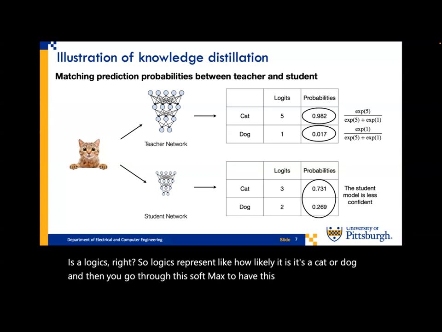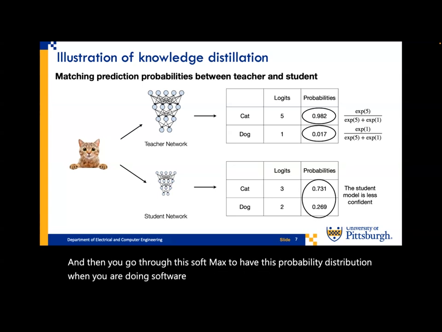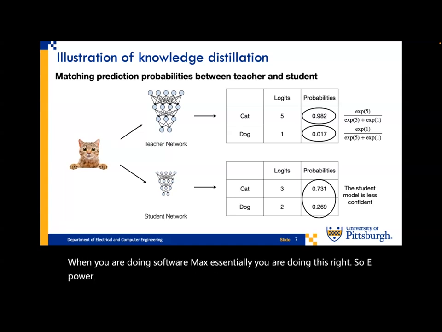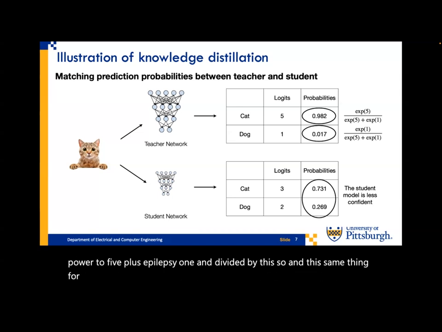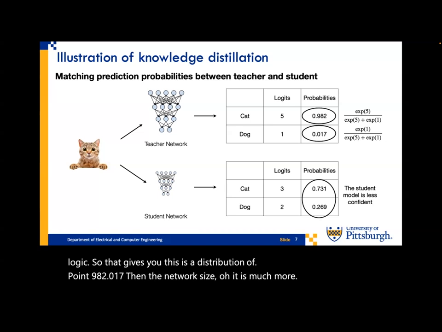When you are doing softmax, essentially you are computing e to the power of 5 divided by e to the power of 5 plus e to the power of 1, and the same thing for the other logit. That gives you this distribution of 0.982 and 0.017, so the network says it's much more likely to be a cat, right?